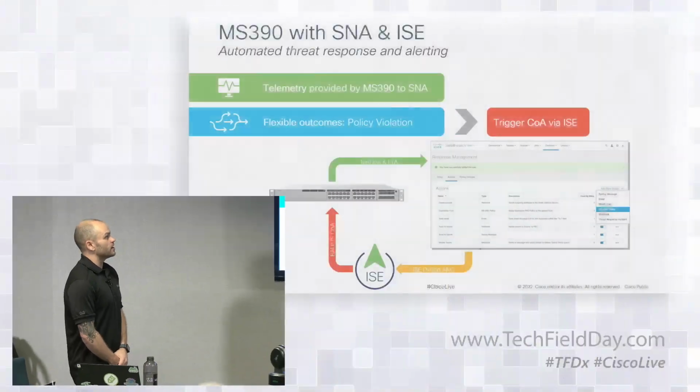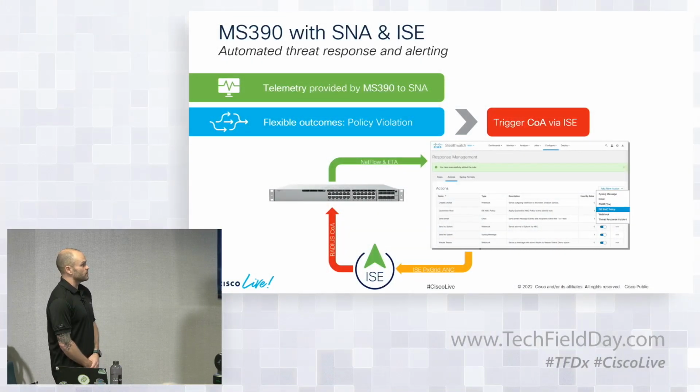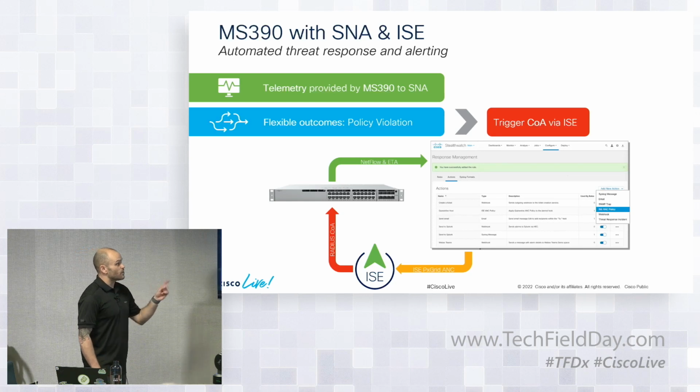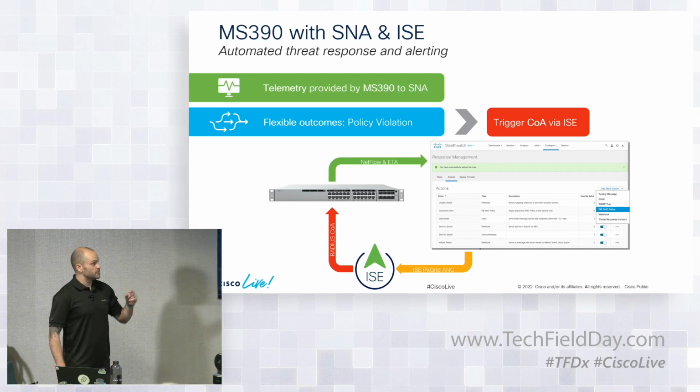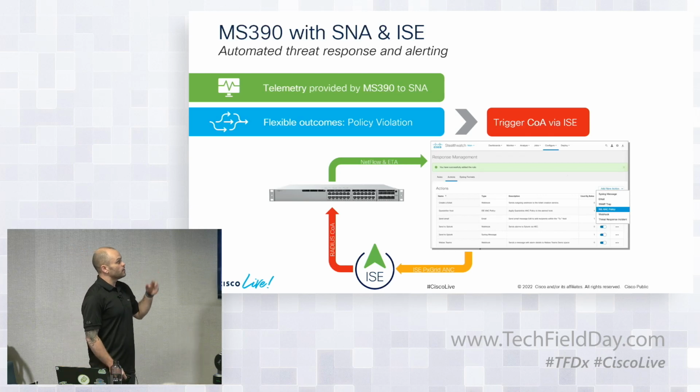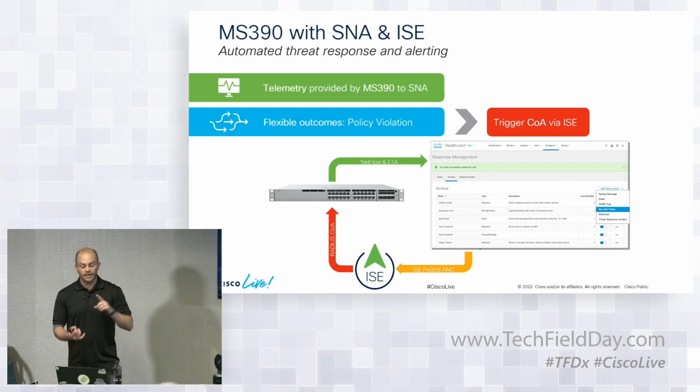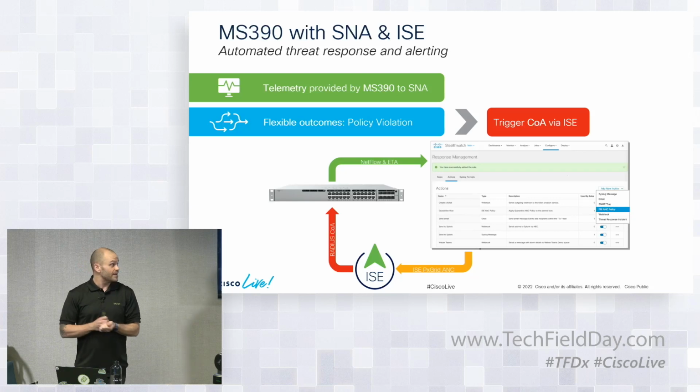Another thing is how we can couple the MS390 or 9300 in management mode with Secure Network Analytics, which is also still called StealthWatch to me, and ICE, where we could have things like exporting flow telemetry and also including that SGT value.